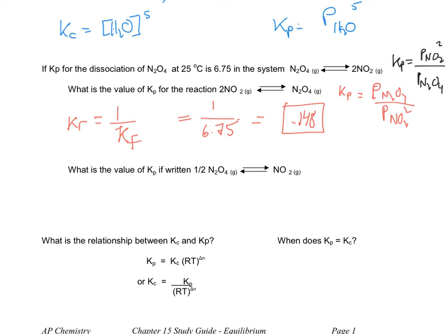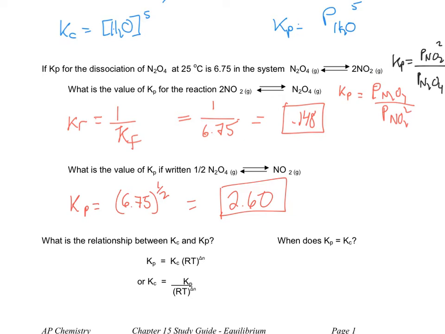You would take the square root of it, or the power of 1/2. So K would be equal to 6.75 to the 1/2, or square root of it, which is 2.60.